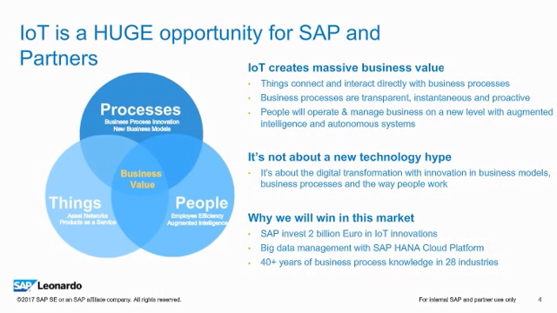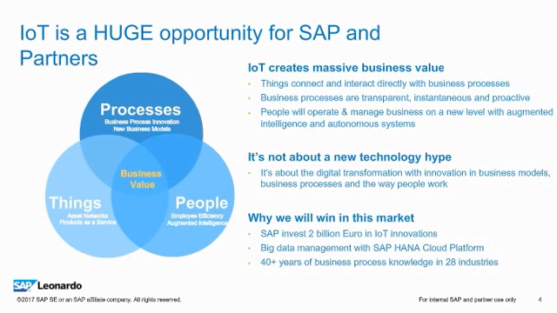We are convinced that IoT is not about a new technology hype. And the reason is that we know that things, assets, products, and machines get more and more intelligent, and this is across all industries. We have a very strong position in winning this market. SAP already has a huge advantage in the business processes, as well as big data management and HANA Cloud platform technology, and has invested a lot in IoT innovations.